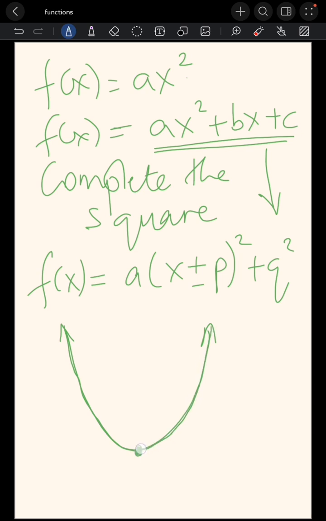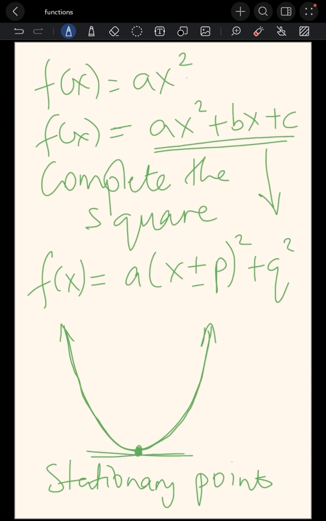This point is also called the stationary point. As the name explains itself, the graph is stationary at this point. That is to say, it's not going up or down, or it's not concave up or concave down. It's actually 0 at this point.